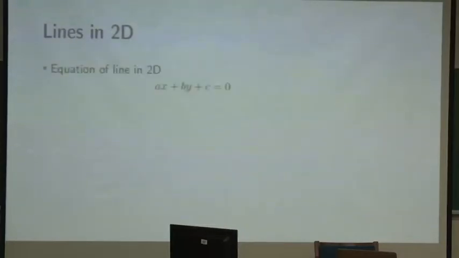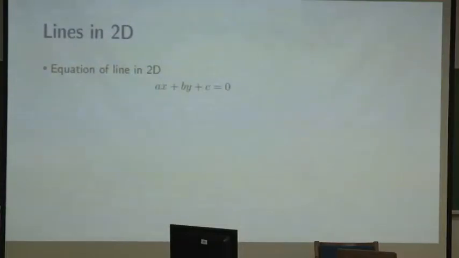So what's the equation of a line in Cartesian space, that we are well familiar with? ax + by + c = 0. x, y here are the Cartesian coordinates, and a, b, c are the parameters of the line. In fact, a and b together define the direction of the line, which is the slope, minus a over b, and c is related to the intercept on the y-axis.